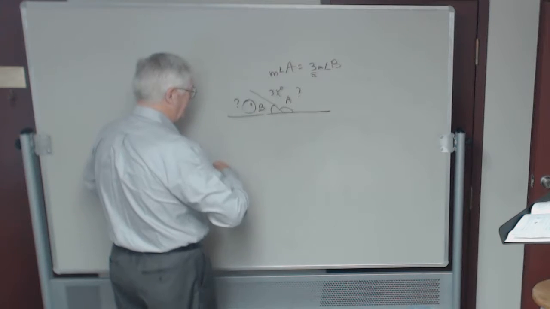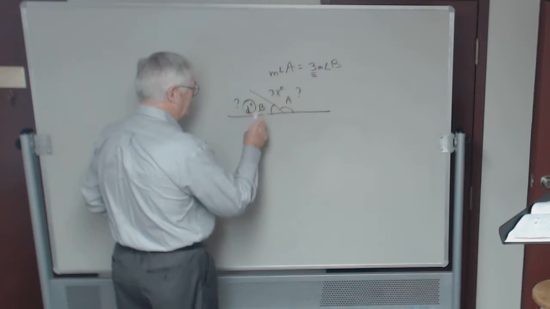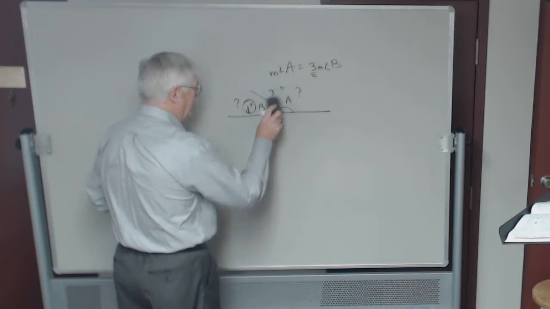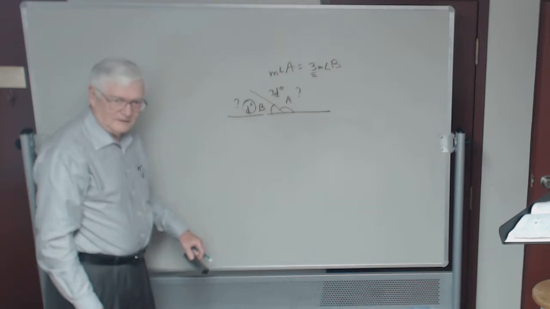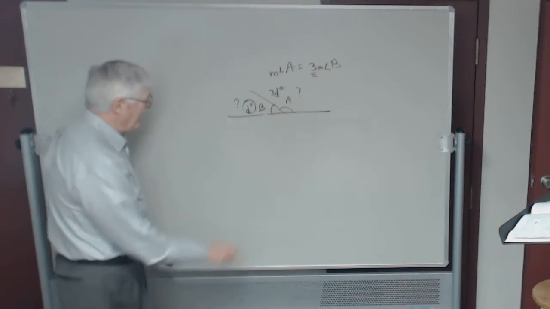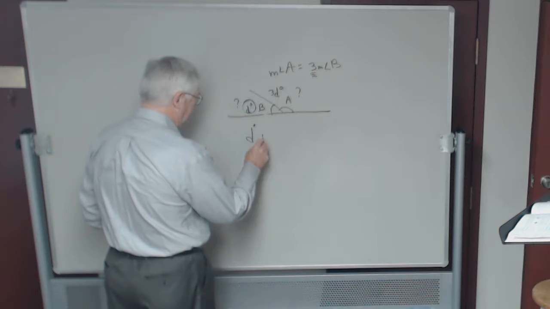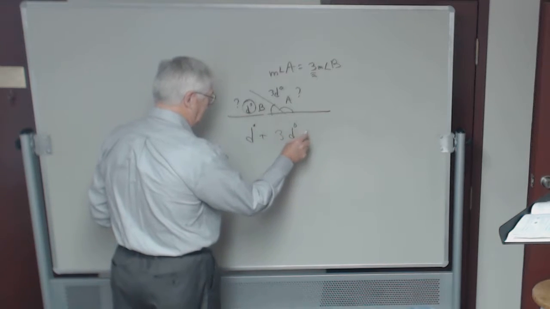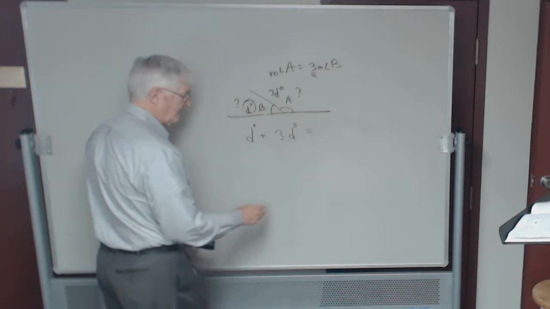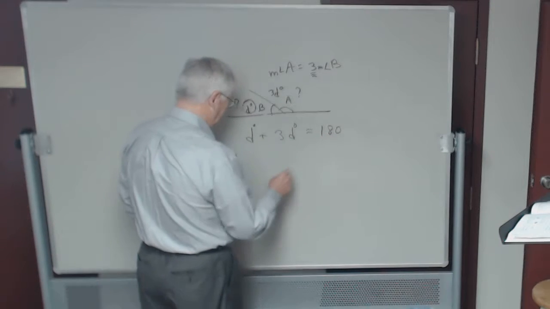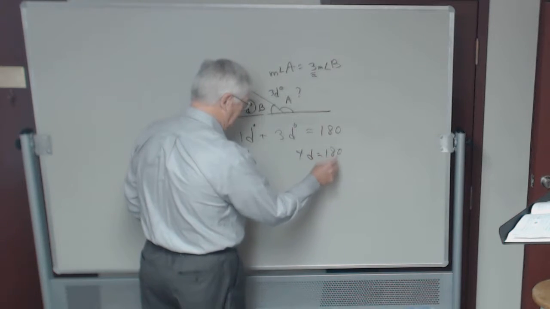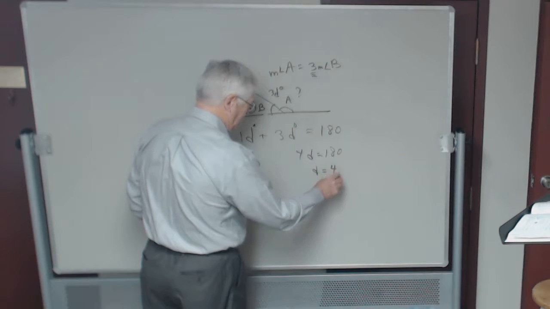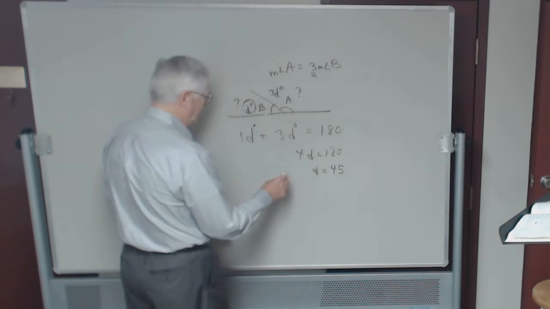Or maybe make this a D. If B is D degrees, then A would be 3D degrees. Agreed? And D degrees plus 3D degrees would add up to 180. So 1 of these and 3 of these would be 4 of these. So D would equal 45.